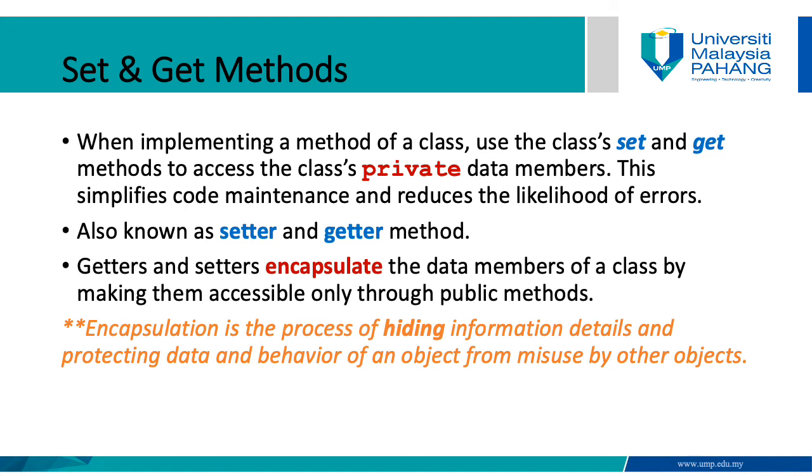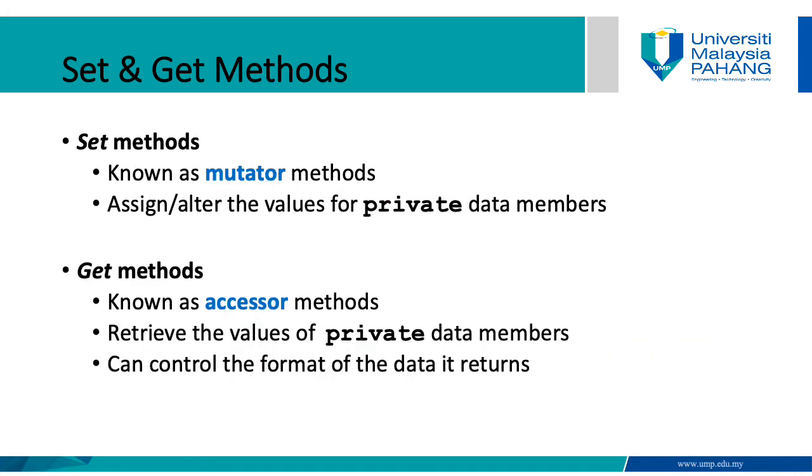methods. As we learned in the first chapter, encapsulation is the process of what? The process of hiding information details and protecting the data and behavior of an object. So what is the difference between set methods and get methods? Set methods are known as mutator methods.